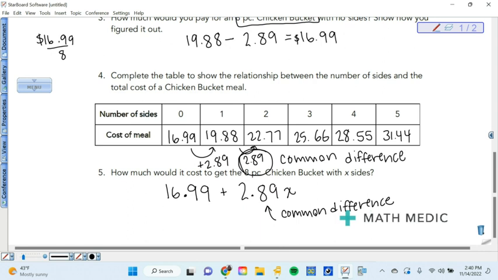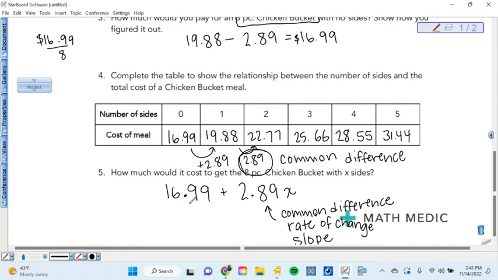And what does common difference relate to on our graph? It's the rate of change, but it's also called something else. Something that we just got done doing. What did we do over there? Yeah, it's the slope.